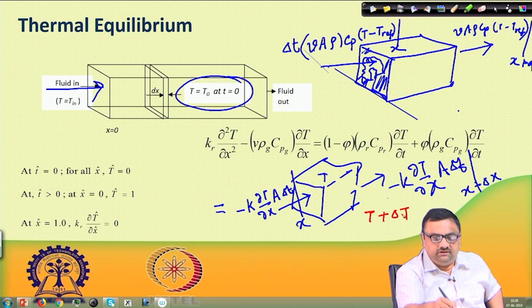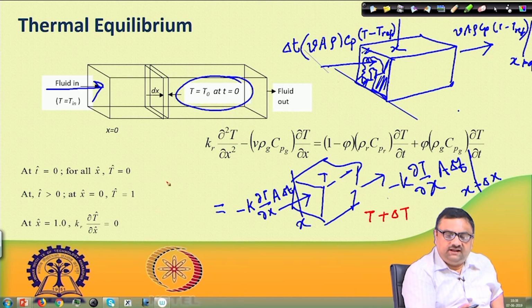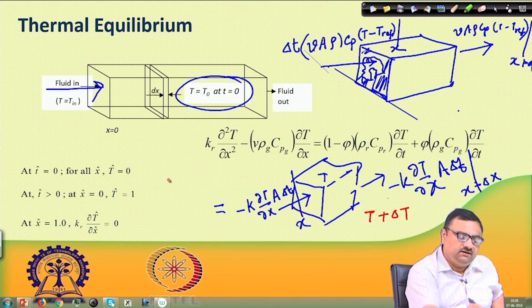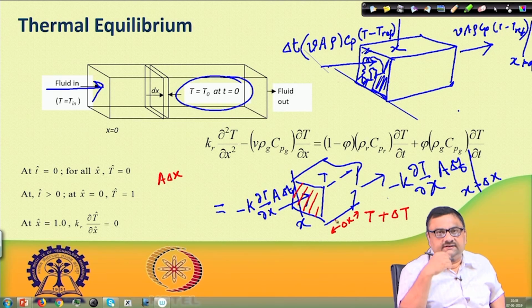So how much heat is stored here, how much heat could be accumulated in this? That depends on the mass of this differential element. What is the mass of this differential element? Let us say the volume is A delta x, cross sectional area multiplied by this distance which is delta x, and the cross sectional area is A. So A delta x is the volume.